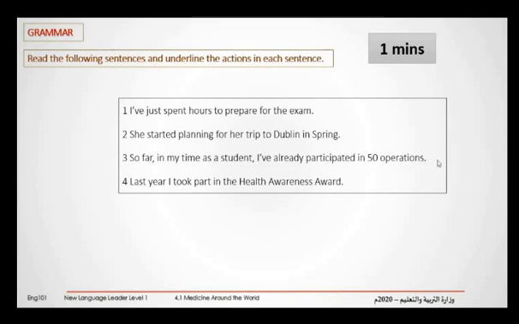Okay, so let's look at these sentences and identify the actions in each one.